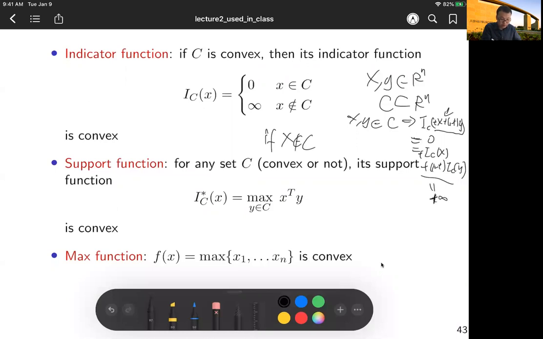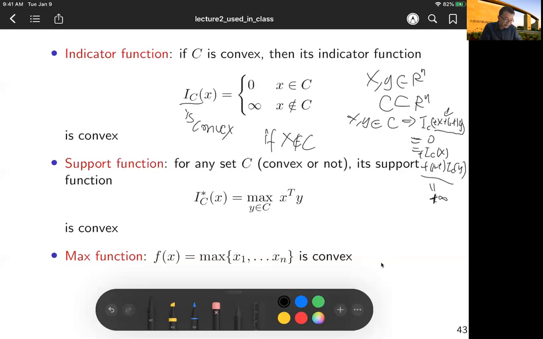Anything is smaller than positive infinity, therefore it satisfies the condition of a convex function, which proves that this function is convex. Okay, so the support function, as we will see later in the class, is the so-called conjugate of the indicator function. So the support function is also a convex function.